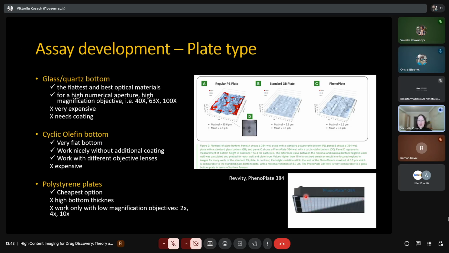In regular plates, like polystyrene plates, these borders are much higher, and the bottom is also higher in the plate. So objectives like 40x, 60x, 100x could not reach these border edge wells because of their physical parameters.